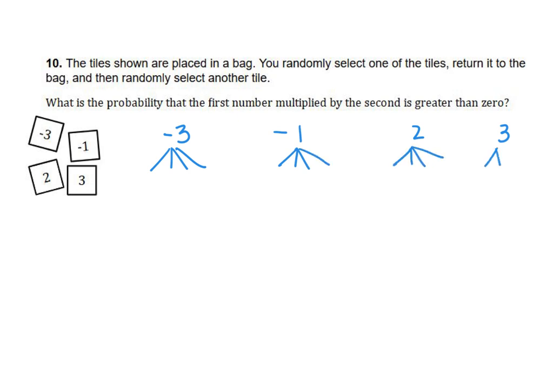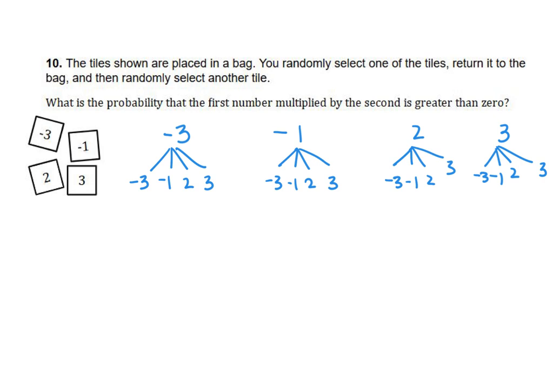Each one gets put back, so you could have a -3, a -1, a 2, and a 3. And the same goes for all trials. -3, -1, 2, and 3. Okay, so it says, what's the probability that the first number multiplied by the second is greater than 0?